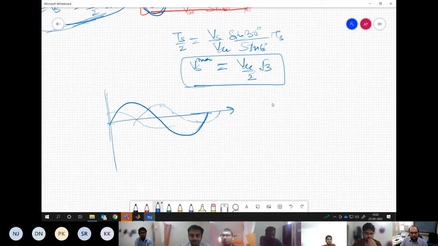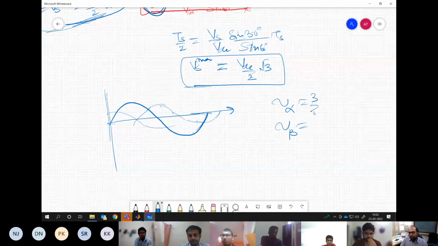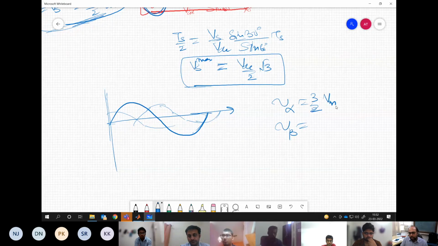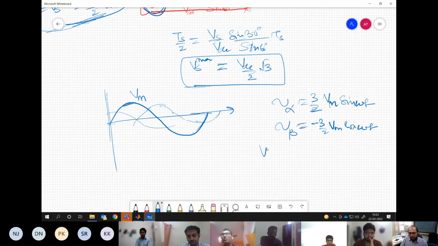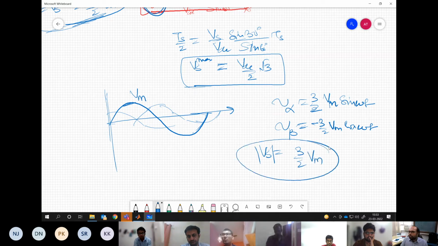So V alpha and V beta, for sinusoidal input, are 3 by 2 Vm sin omega t and minus 3 by 2 Vm cos omega t. So for a sine wave having peak Vm, the Vs vector magnitude will turn out to be 3 by 2 Vm. Correct?